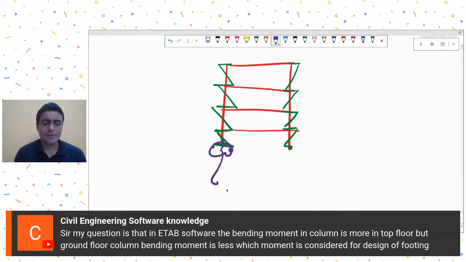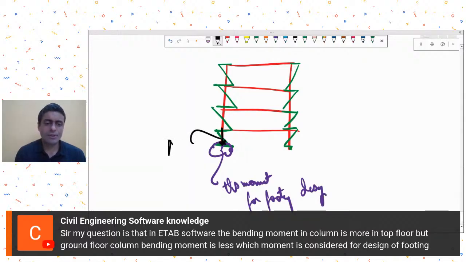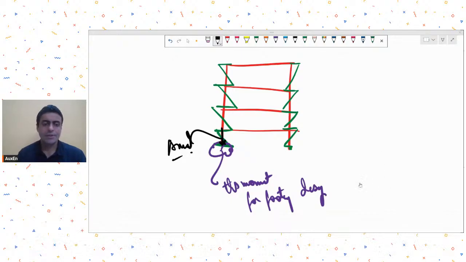You will pick this moment for the footing design. Axial load, of course, will be whatever is transferred at this level from the top. So this axial load plus the moment at the base for the footing. Good. Anything else?